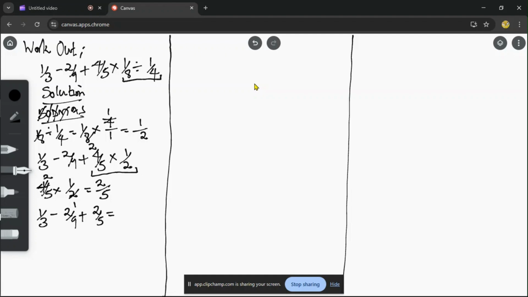Or it's also okay to just work this operation once. So I get the LCM of 3, 9, and 5, which is 45. I believe that is the LCM.